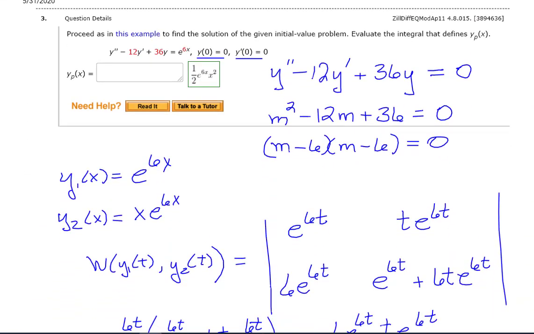All right, in question 3, we have our non-homogeneous problem. We form the homogeneous one, get the quadratic equation to solve. I get a repeated root as we had previously. I form the Wronskian in terms of t.